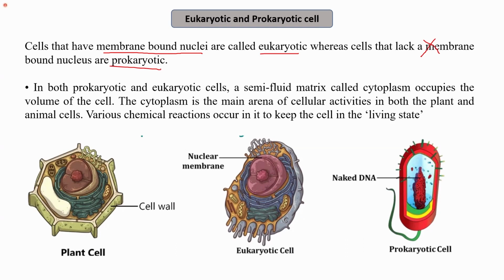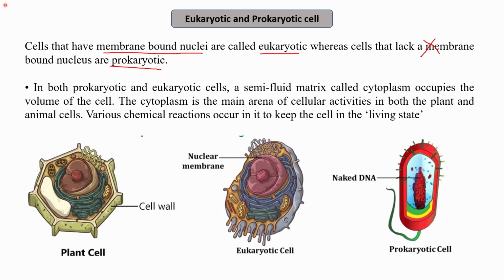So eukaryotic cells and prokaryotic cells are differentiated based on whether they have a cell nucleus which is defined by a membrane or not. The eukaryotic cells are the ones in which the nucleus is surrounded by a membrane, while the prokaryotic cells are the ones that lack the membrane-bound nucleus.